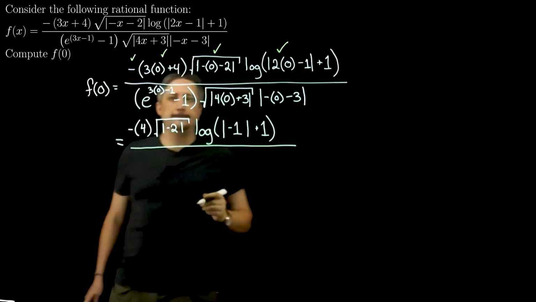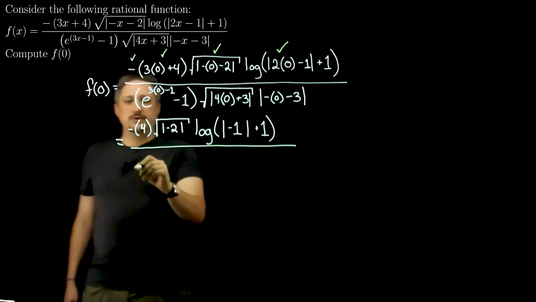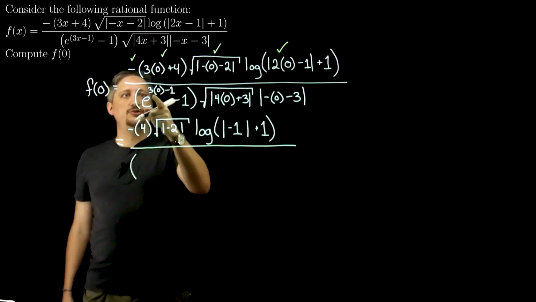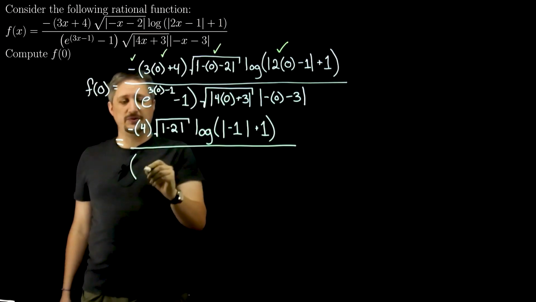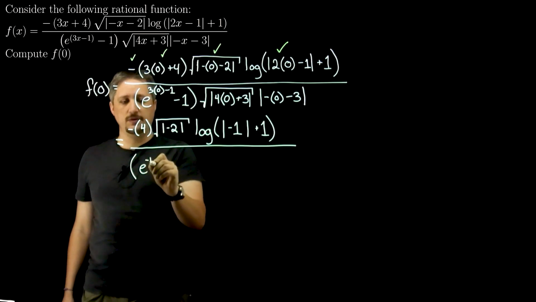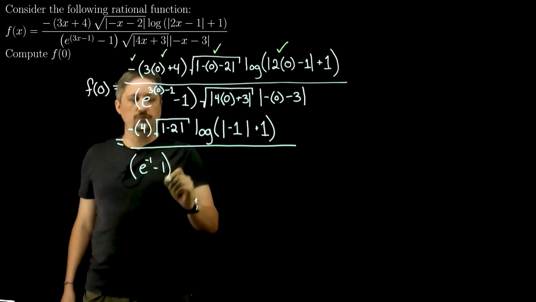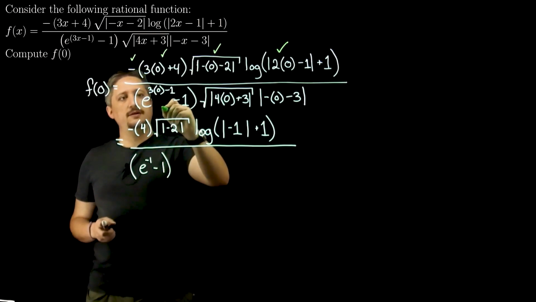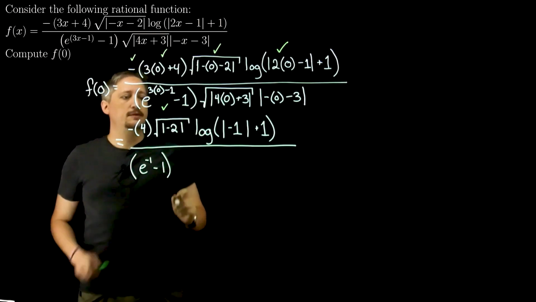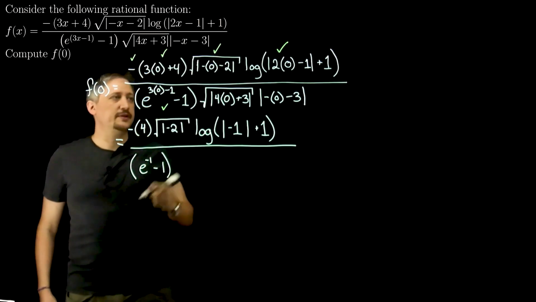Now let's go to the bottom. So here, open parenthesis, e to the 3 times 0 is 0, minus 1. That's e to the minus 1. Minus 1. Close. So that's got the first bottom term.